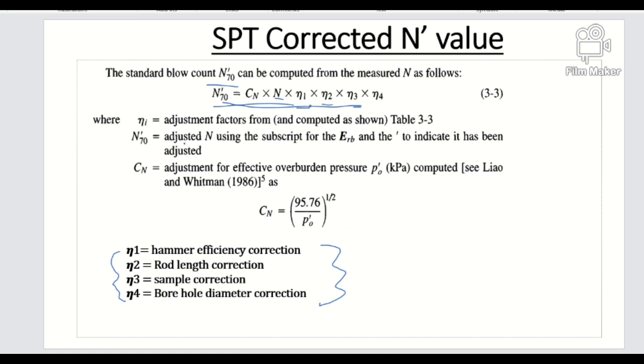And another thing, C_N is the overburden pressure correction.